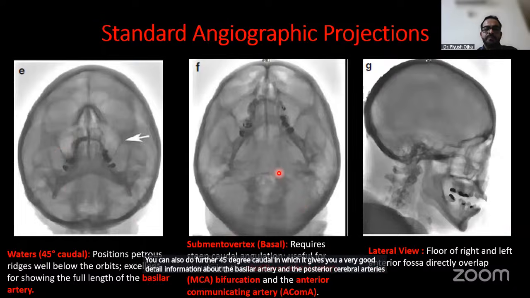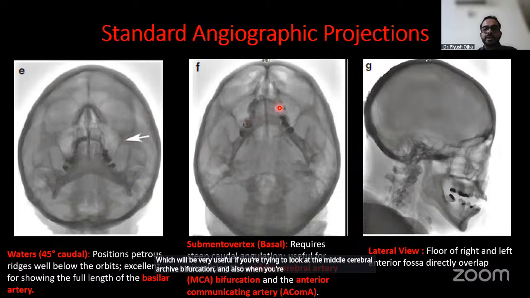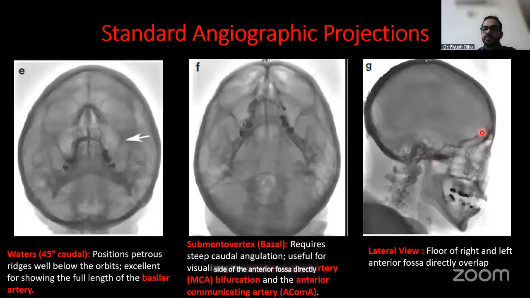Then there is the submental vertex view, with further caudal angulation, which is very useful if you're trying to look at the middle cerebral artery bifurcation and anterior communicating artery pathologies. And when you take a lateral view, make sure the floors of the right and left sides of the anterior fossa directly overlap. Otherwise, you might see double images.